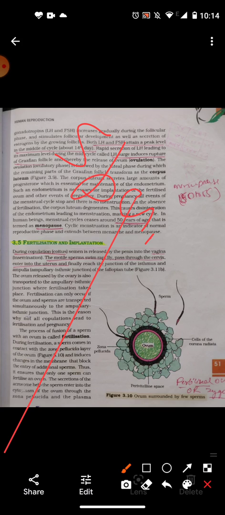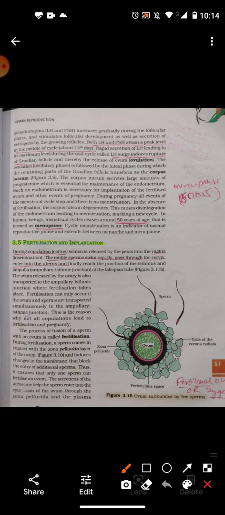Now we are going to understand the difference between the spermatozoan and the ovum. The first difference: a spermatozoan is a male gamete produced in the testis, and an ovum is a female gamete produced in the ovary.